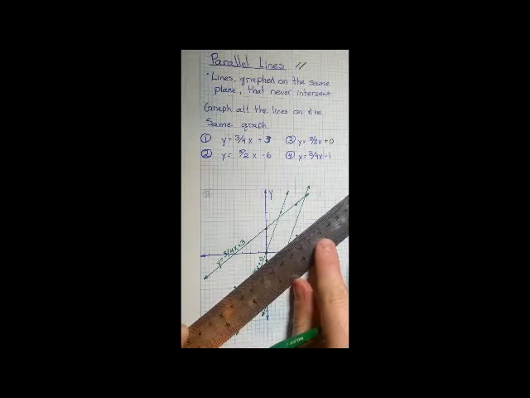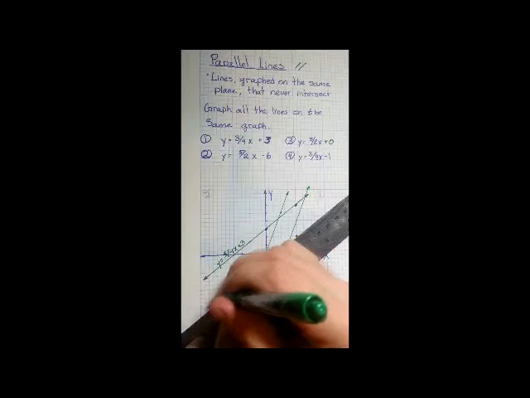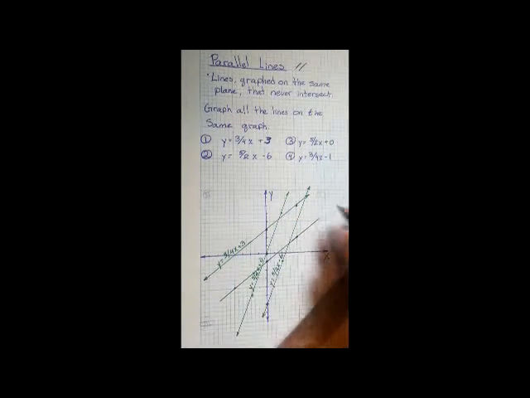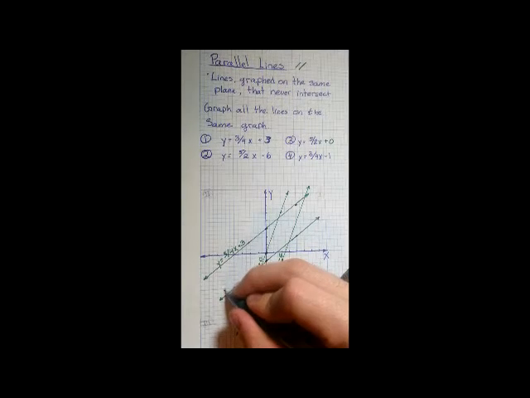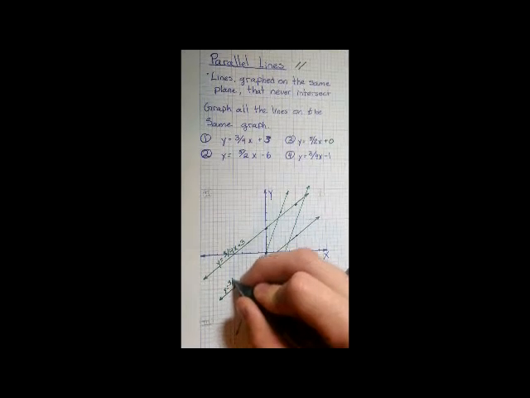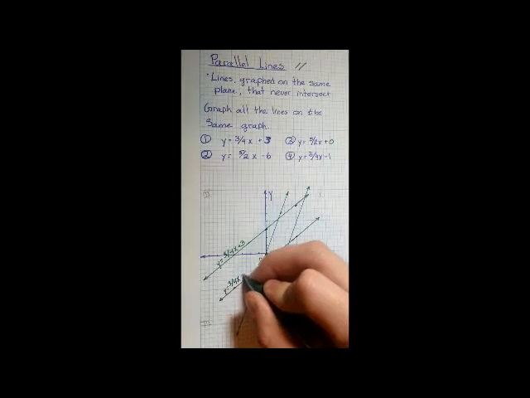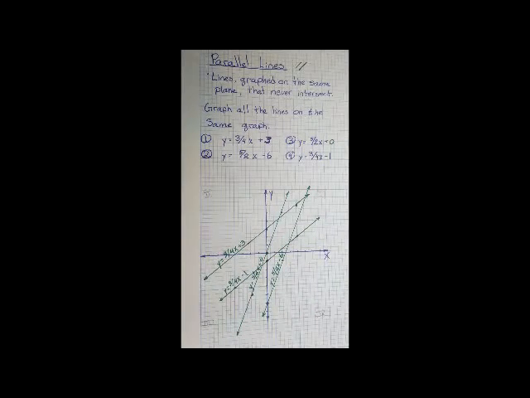Connect the dots. Arrows. Label it. 3/4 x minus 1. And that's the power of slope-intercept form. It let us graph these 4 lines very quickly.